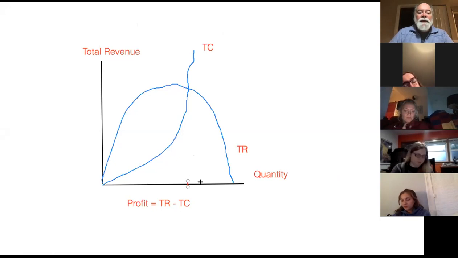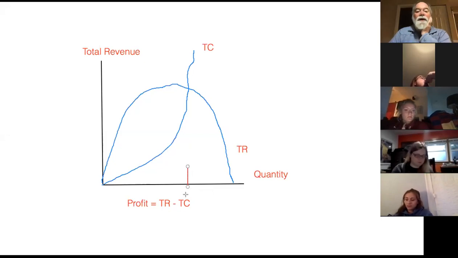If you go all the way up here, you'll see that this is the total revenue. This is the total cost. The difference between total revenue and total cost is total profit. So imagine that vertical distance and bring it down to about there.